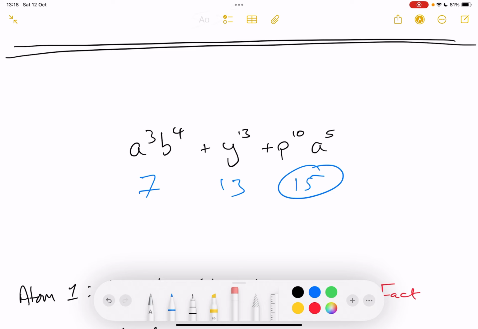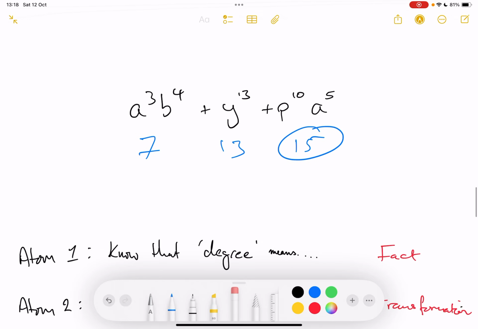So if I break this down into atoms, I get this. My first atom is, I'm using the word degree here. I want them to know what degree means. And I obviously would do some work to make sure that they don't conflate it with degree as in angle measurement.